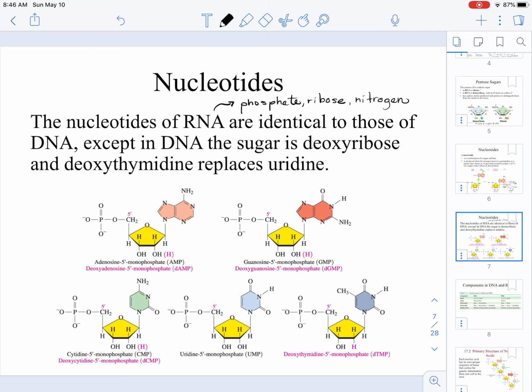Remember that the nitrogen bases in RNA are going to be adenine, cytosine, guanine, and uracil. When it comes to DNA, they are going to be composed of a phosphate, then a deoxyribose, and a nitrogen base.